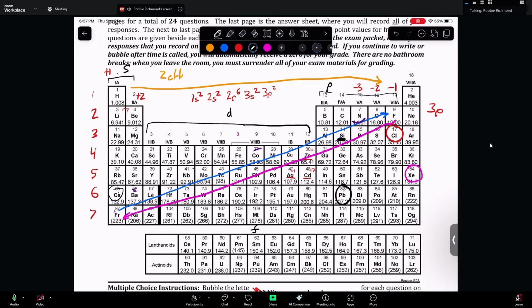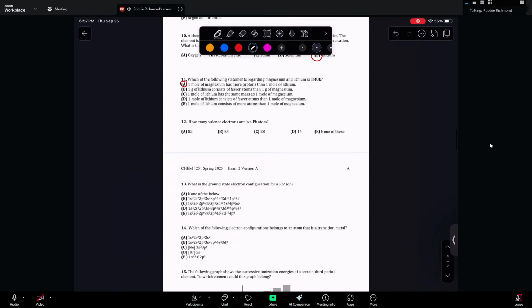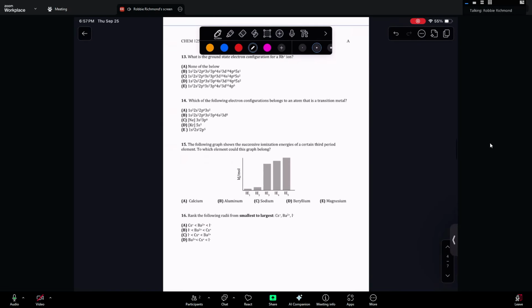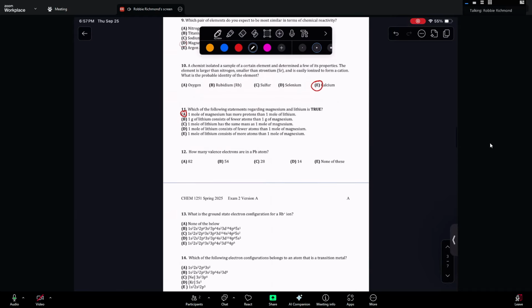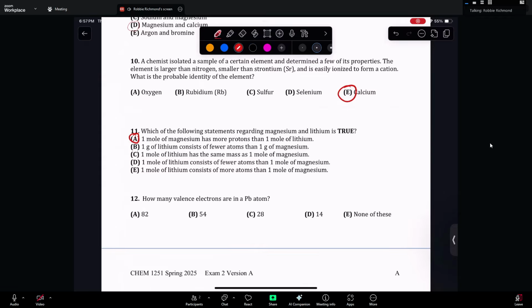So cesium, 2, 3, 4. This would have 4 valence electrons within that highest energy level. It would have a 6s2, 6p2 configuration for those last ones. So it would have 4, which actually is not here. So answer choice E.